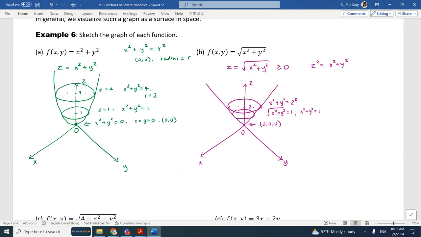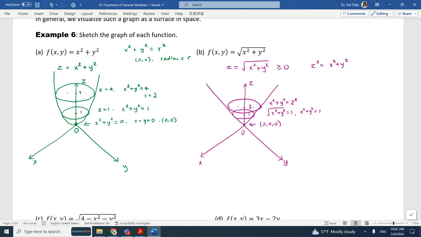That's why we don't plug in 2, we plug in 4. Because if you plug in 4, it corresponds to the circle with radius 2, right? So the plane z equals 4, we get the circle with radius 2. And then you get a paraboloid.